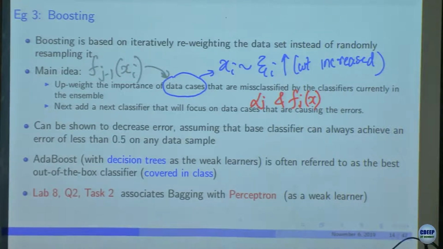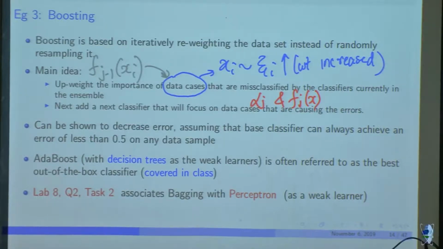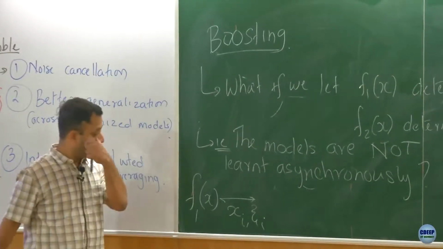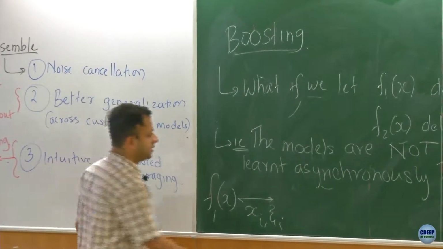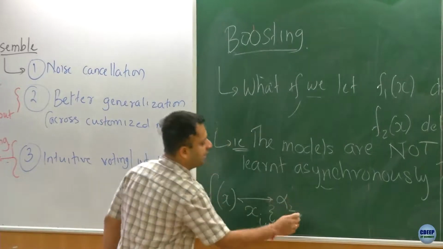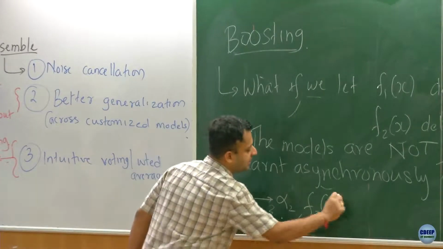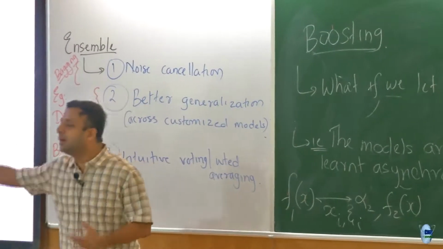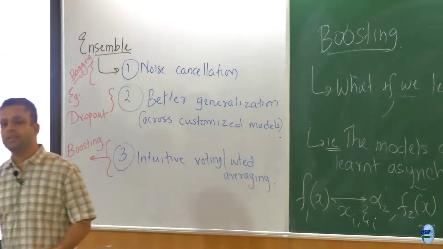So that's the idea. Pictorially, all we are saying is I have my f1(x), based on that I give weights to examples xi, based on which I learn a weight alpha 2 and an f2(x). Now alpha 2 is being learnt along with the classifier.